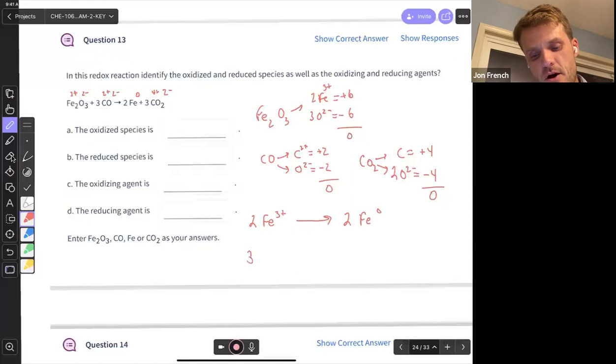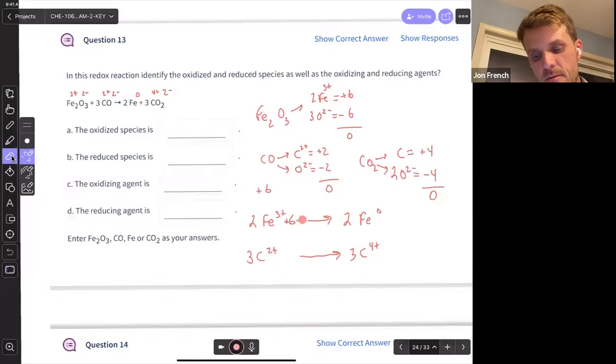I've got 3 carbons at 2+, and that goes to 3 carbons at 4+. 18 is up next after a few questions. To balance this out, conservation of charge, I've got +6 over here, and it needs to be neutral, so I need to add in 6 electrons here. I need some more space to do that.